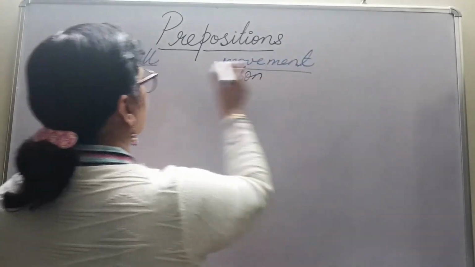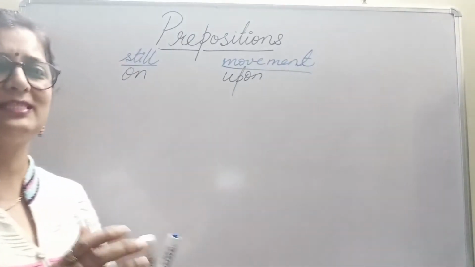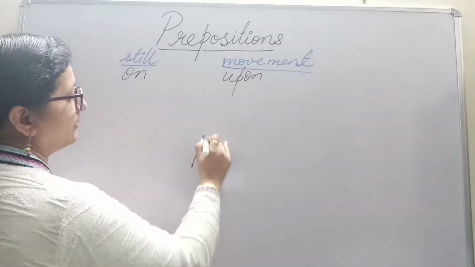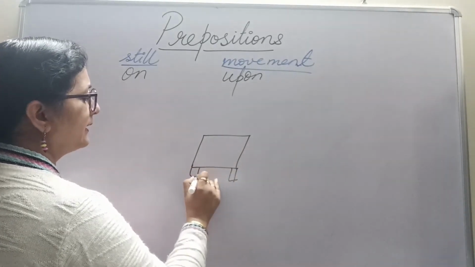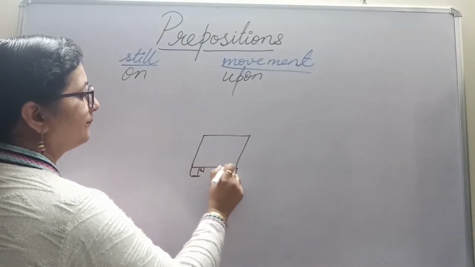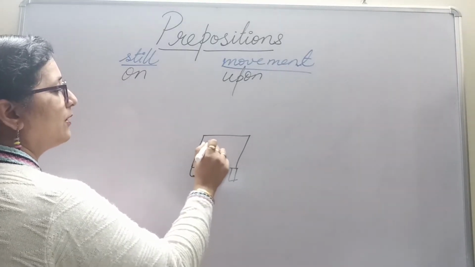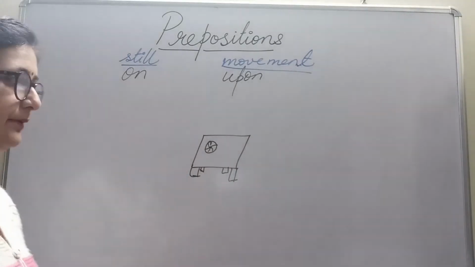For example, though I'm very bad with my drawing, I still like to put it forward to you in a pictorial way. You have a table here, right? Now, there is a ball kept on the table.